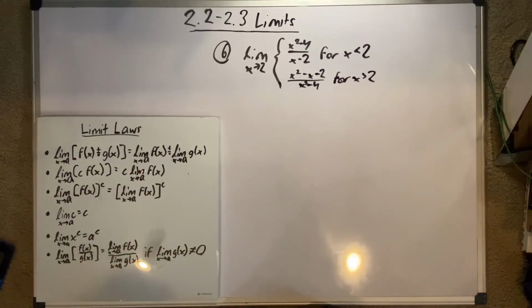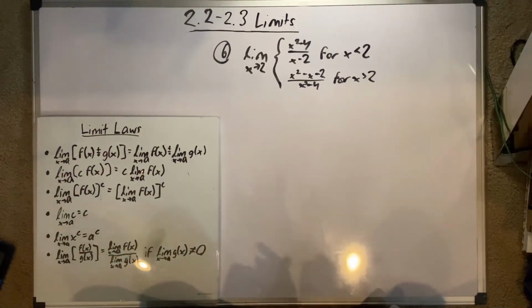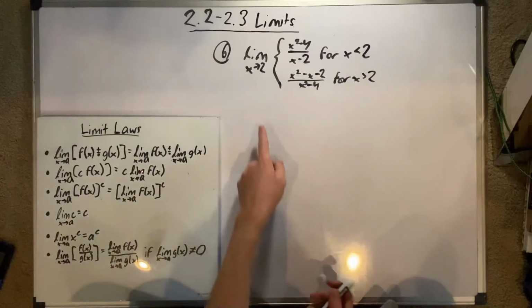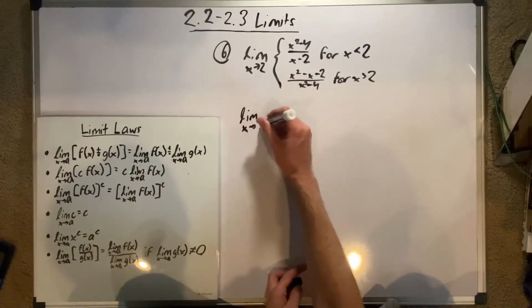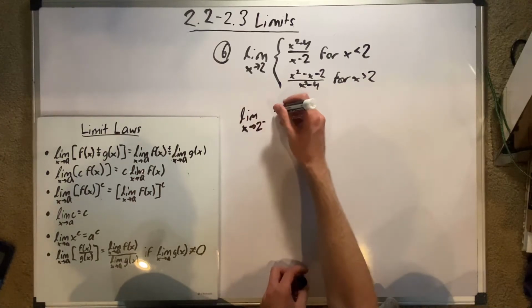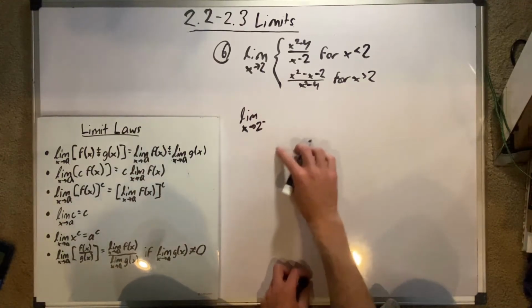So, the limit as x approaches 2 for x greater than 2, and the limit as x is less than 2. First of all, we can't plug either of those in, so we're not going to. We're going to see how it acts as it approaches from either side, so we're going to split it up. Limit as x approaches 2 from the negative side, and then limit as x approaches 2 from the positive side.